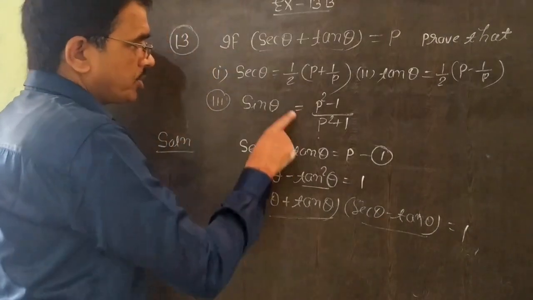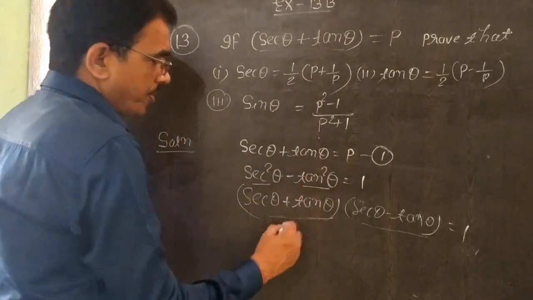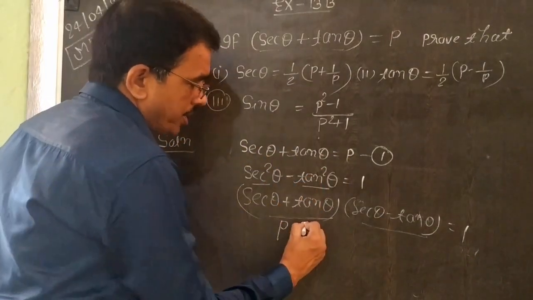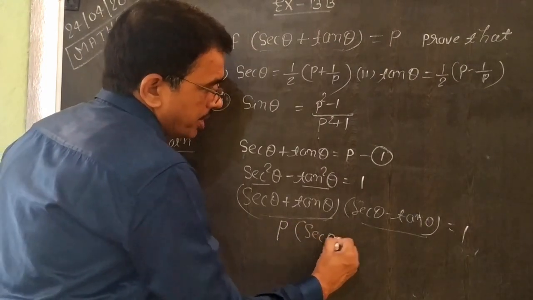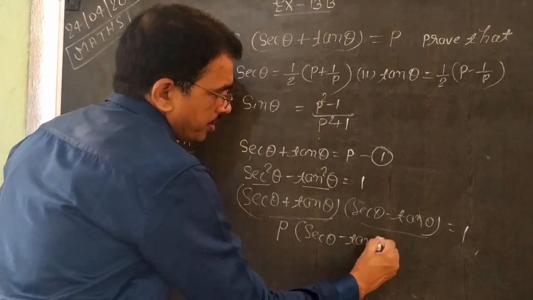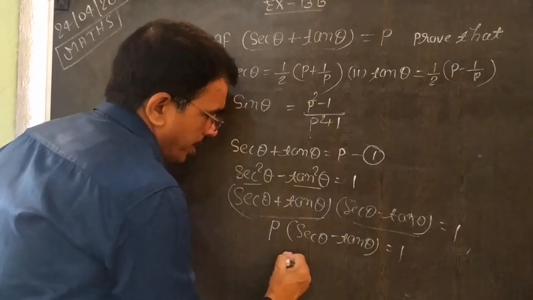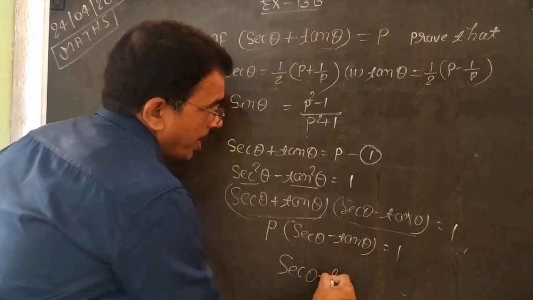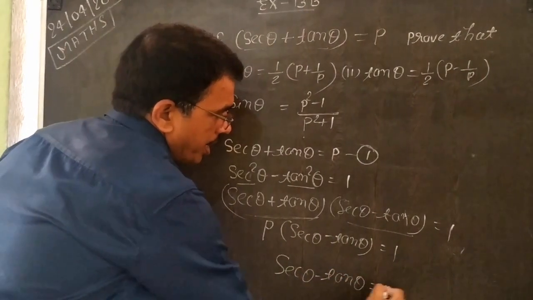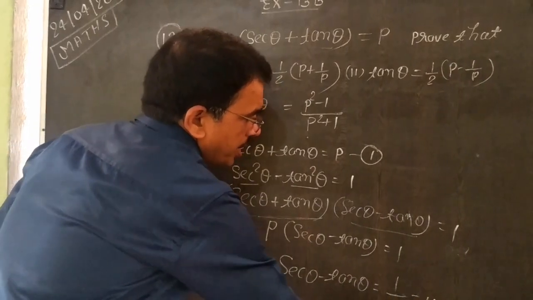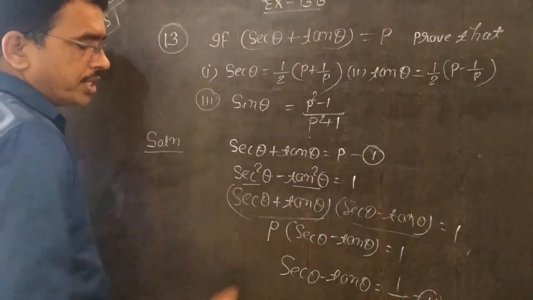Now substitute the value from equation first. So it is p into sec theta minus tan theta is equal to 1. So what is the value of sec theta minus tan theta? You get 1 by p. That is the second equation. It is the first equation and that is the second equation.